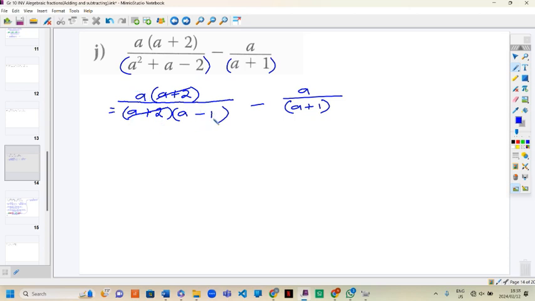Bearing in mind, this is a subtraction sum. This is not a multiply. If you watch the other video of algebraic fractions, it's just multiplying and dividing, and I started cancelling across fractions. Now I've got a minus. I can't cancel over this minus.